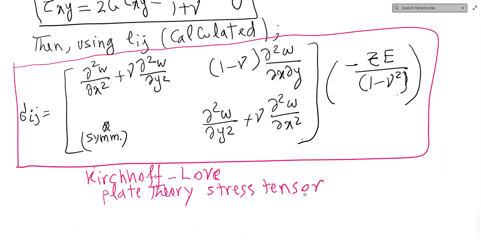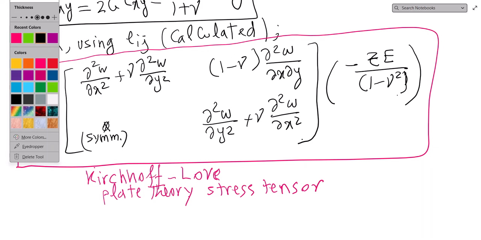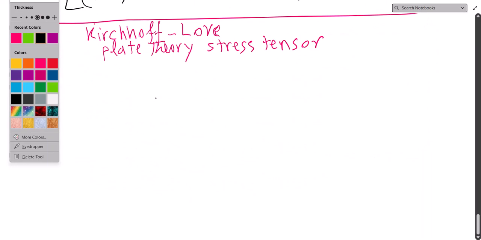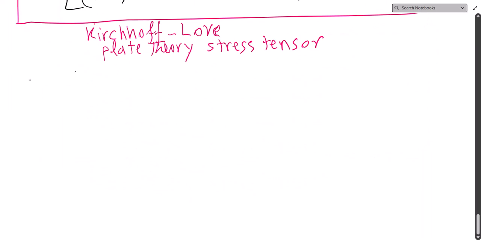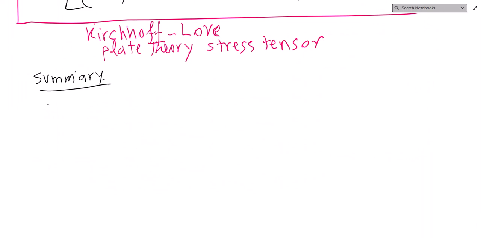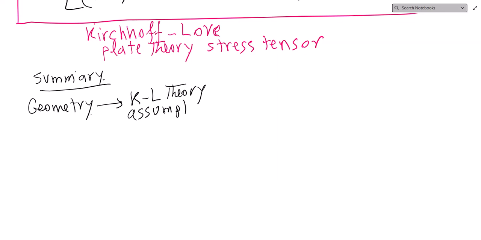If I want to give you a quick summary of what we have done so far in relation to KL theory, we get the geometry phi x phi y, then we get the KL assumptions. All of these theories have some assumptions.